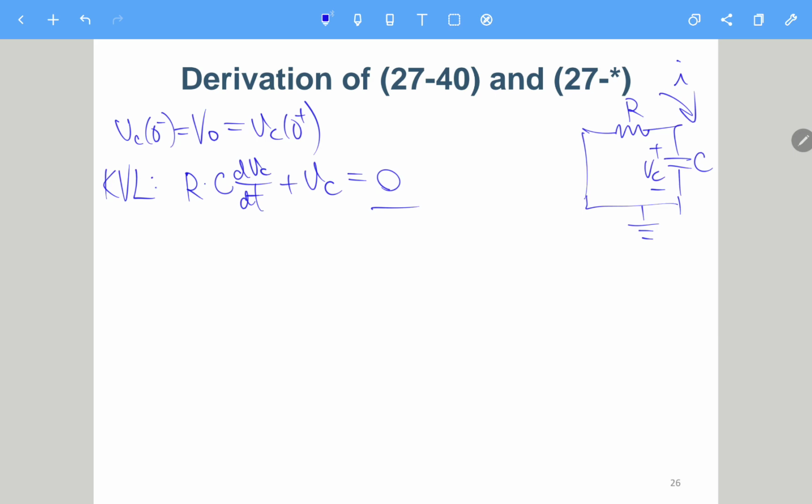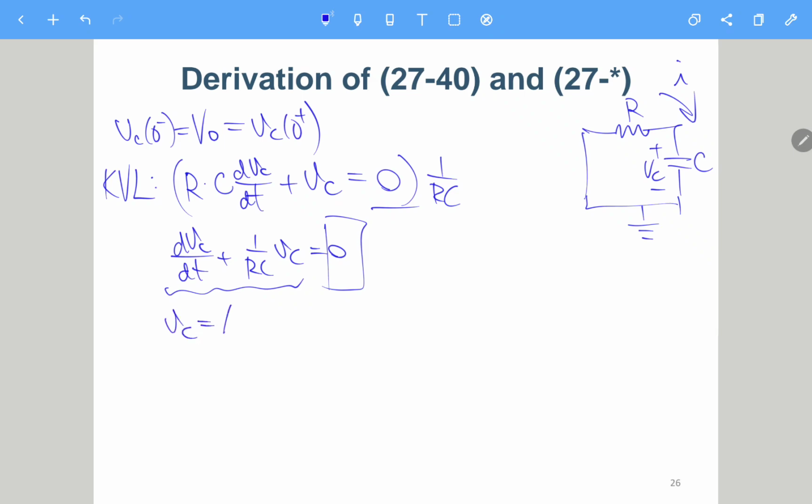Let's divide by RC on both sides, so we have dVC/dt plus 1 over RC VC equals 0. This is the same as the previous one, but on the right side we only have 0, so we can quickly find that VC is A times exponential to negative T over RC. The particular solution is 0.